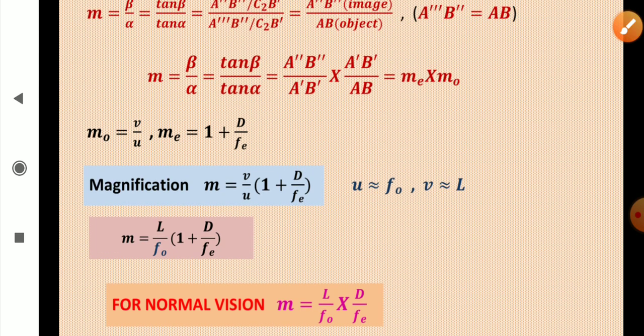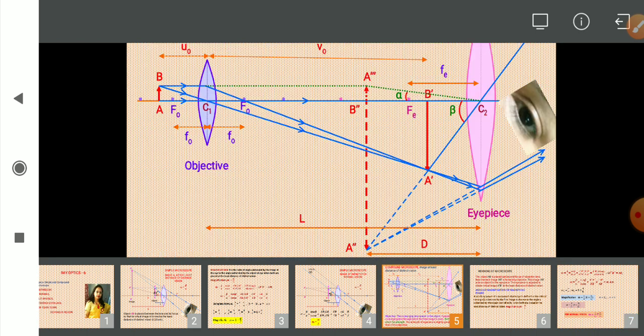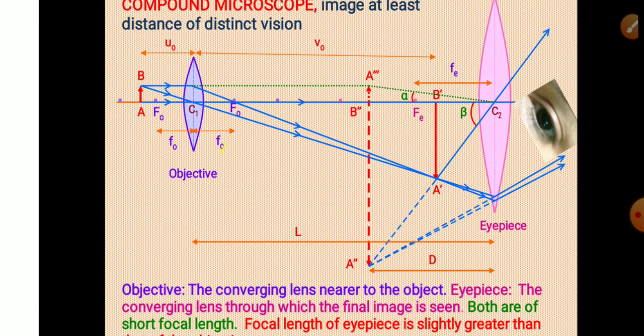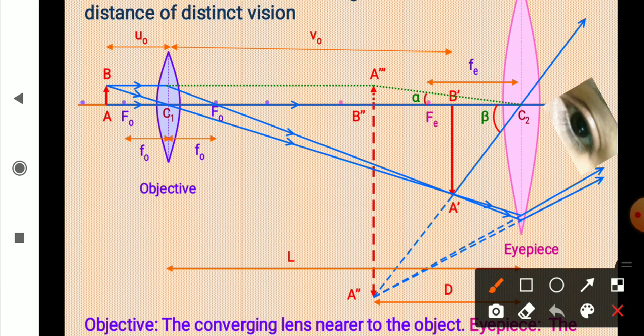And I want to show you the previous slide once again. Okay, this one here. See, this object is placed very close to the focus. So this object distance is taken as nearly equal to FO, and this image, the first image formed by objective, is very close to eyepiece.